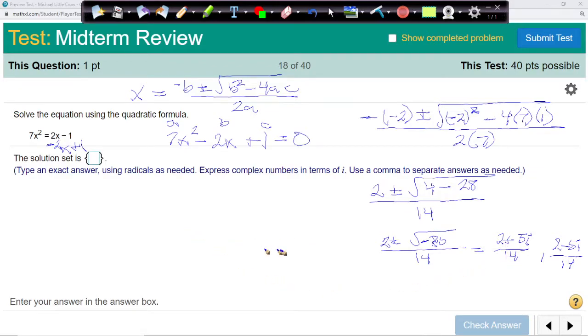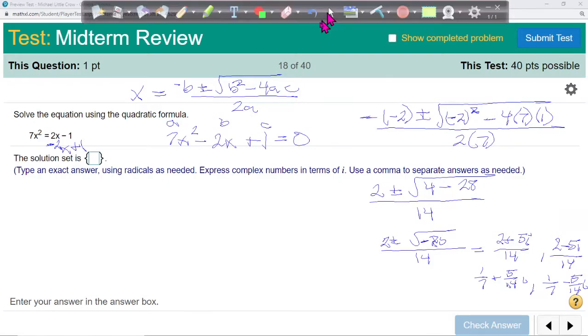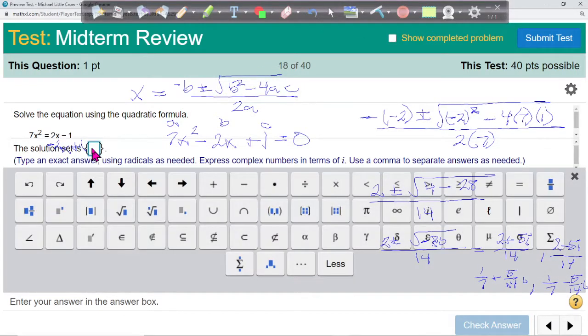So I think what they want is 1/7 plus 5 over 14i, comma, 1/7 minus 5 over 14i. That's how we'll put it in.